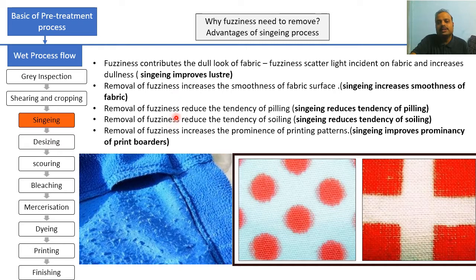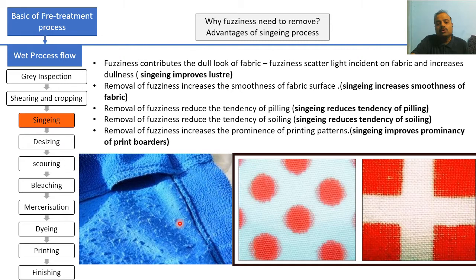Third, if we want our fabric not to look like this, these are the pills formation. If we don't want pill formation, and want the tendency of pilling to be less, in that case fuzziness needs to be removed.